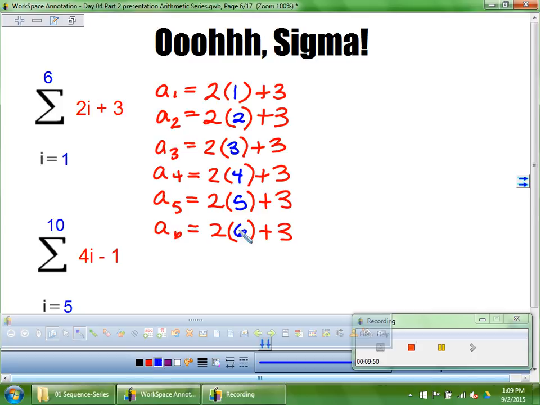You keep adding until you get to this number right here. It is just a number. Like, for instance, this one, we're going to start with 5. That's such a good question. So if we were doing this one, I would have a 5, then a 6, then a 7, then an 8, then a 9, then a 10.